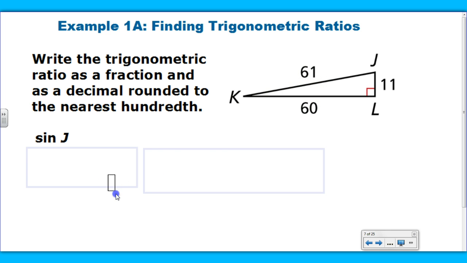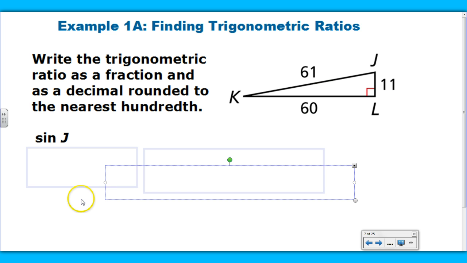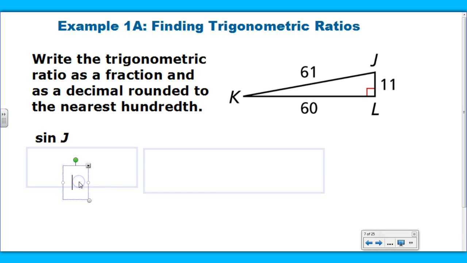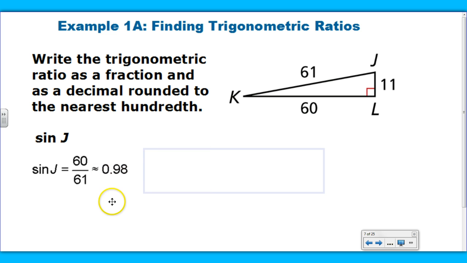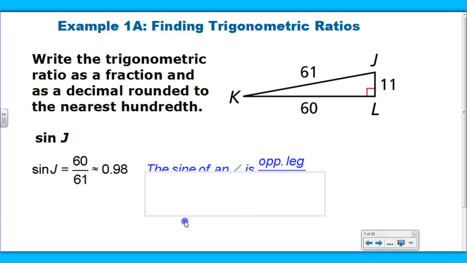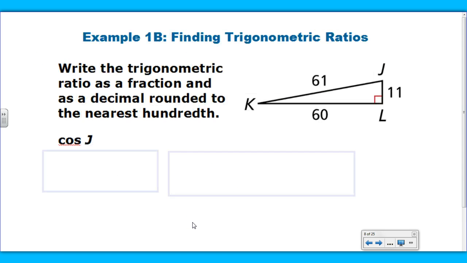So you simply can set up your ratio. Sine of J is 60 opposite over 61, which rounded to the hundredths is 0.98, almost 1 whole. And that's our reasoning. It's just based on this ratio.